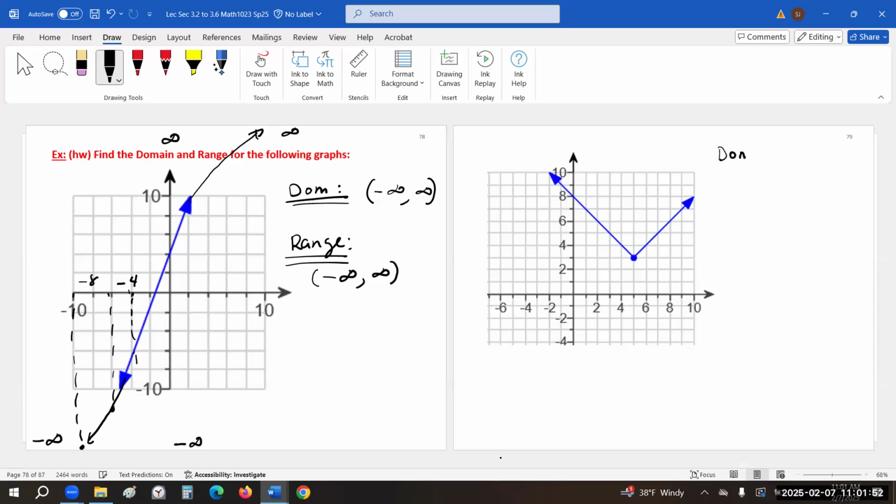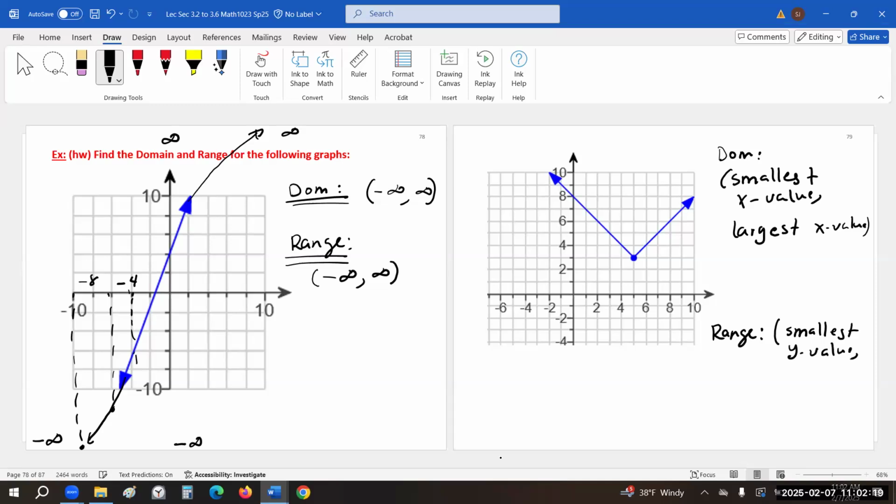Remember, domain is from the smallest x value to the largest x value, and range is from the smallest y value till the largest y value.